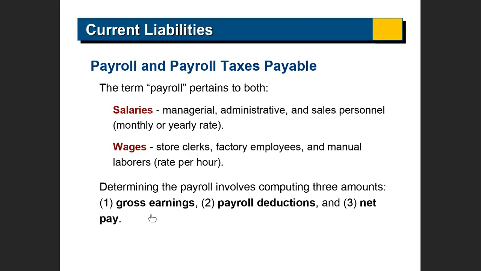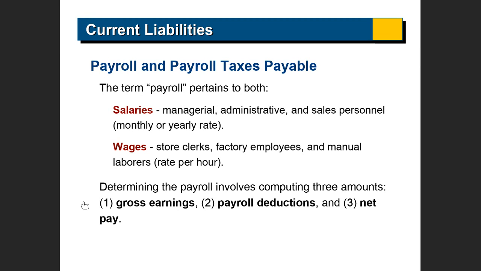So you have three things going on here. One is the employee who's getting paid, let's say $10 an hour. That $10 per hour is going to be their gross earnings. Gross earnings, that is the entire amount that the company is going to pay them for 1 hour of work.